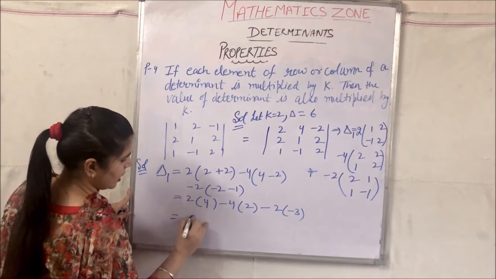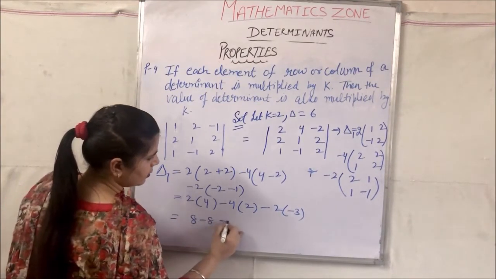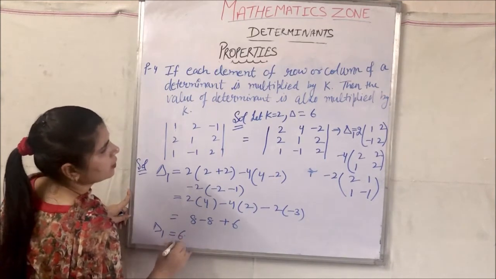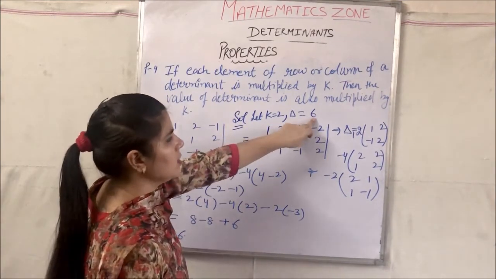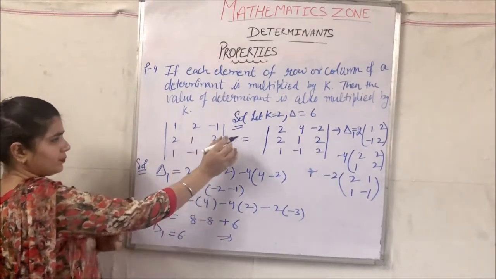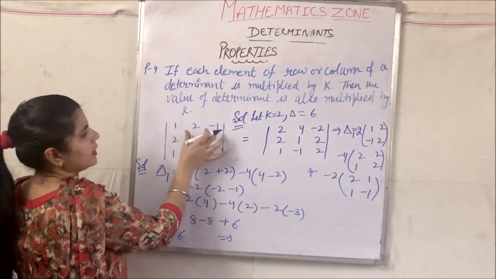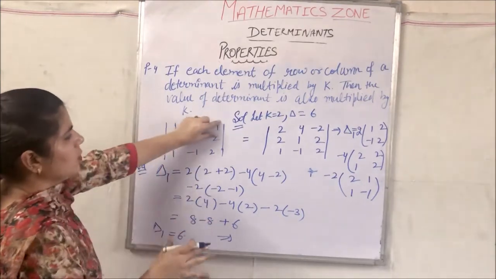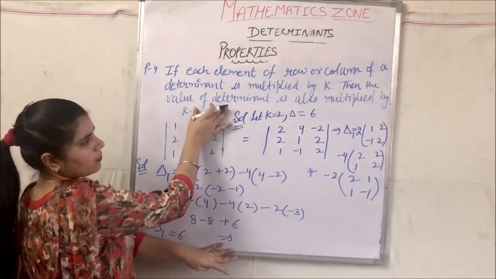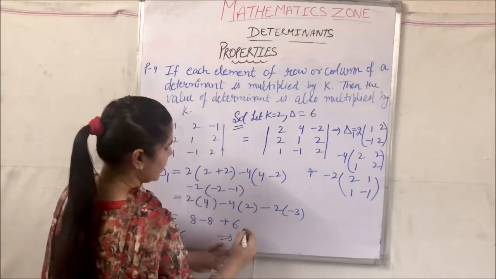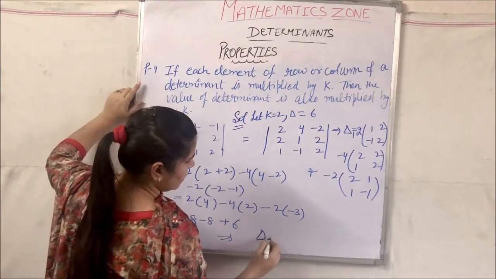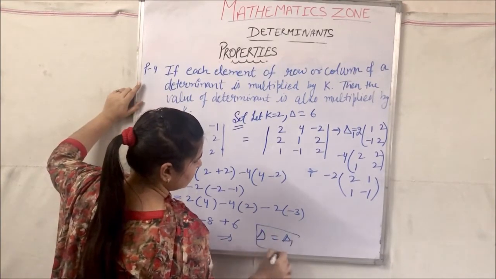So, 4 into 2 is 8 minus 8 plus 6. So, delta 1 is 6. So, delta was also 6. Hence, any number when multiplied by any row, then the value of delta will also be multiplied by k. So, hence we prove the above property. That is delta is equal to delta 1.